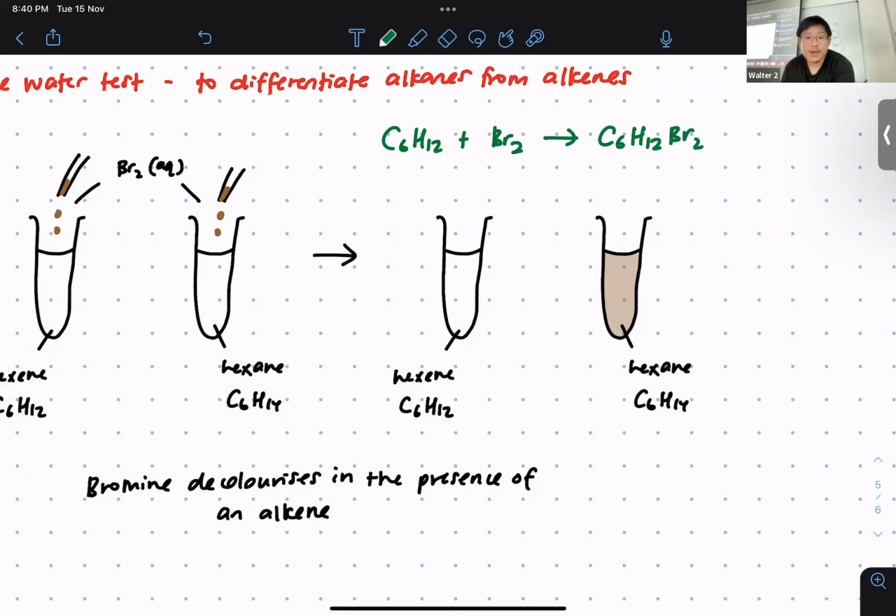Okay, so there'll be a reaction at least. But for the hexane, because it's a saturated molecule, there's no more double bond that you can open up to bromine. So therefore, there'll be no reaction.